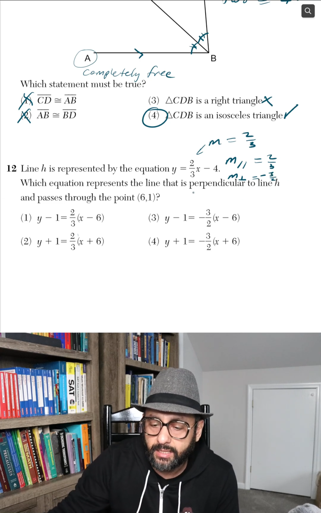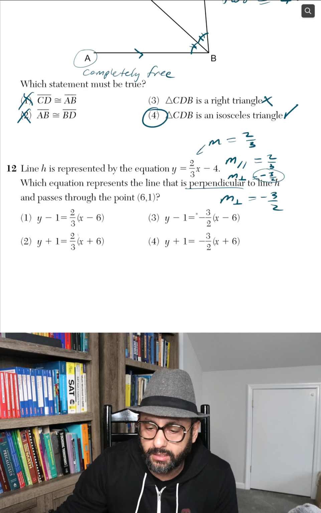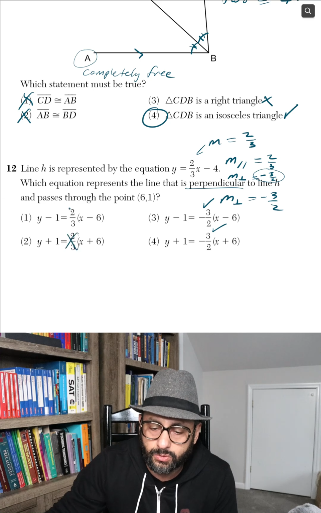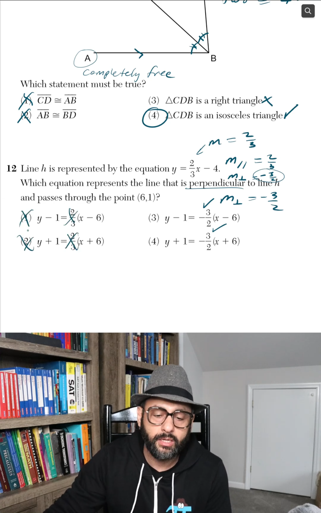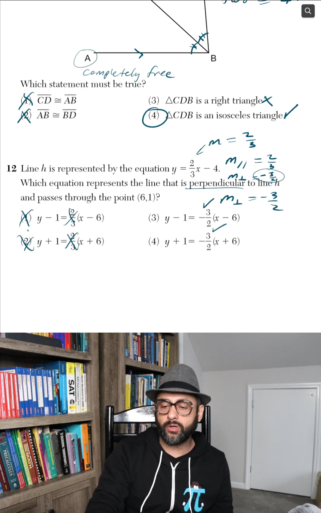Since this said that the line is perpendicular to H, we know that the slope is going to be equal to negative 3/2. So that makes this one possibly valid and this one possibly valid, and it eliminates this one and this one. And so we have converted it into a passing problem, even if we don't know how to do the second part.